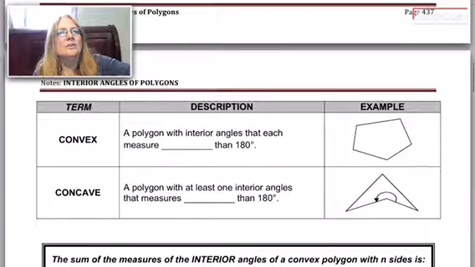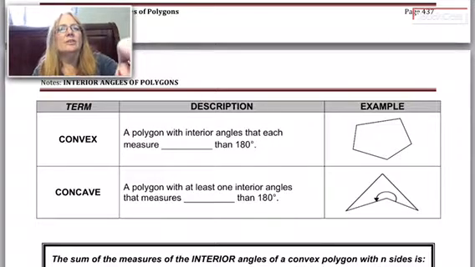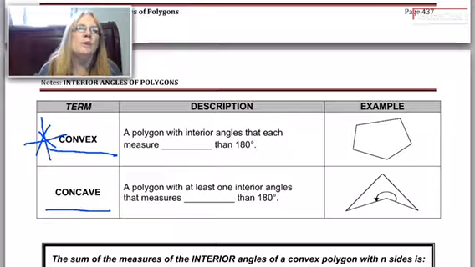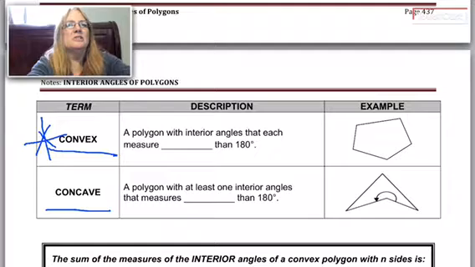All right. So now we come to the definition of two different types of polygons. We have convex and concave. The convex ones are the ones that we are going to be familiar with and the ones that we're going to work with and that we're going to provide formulas for. It's a polygon with interior angles that each measure less than 180 degrees.